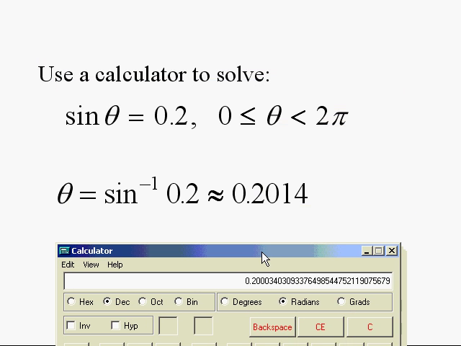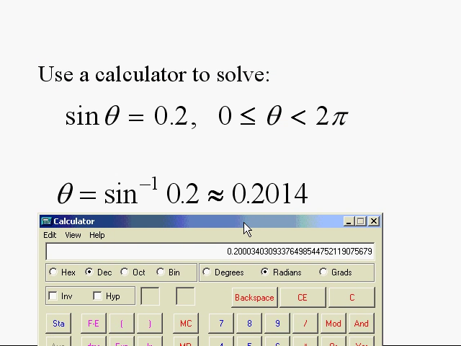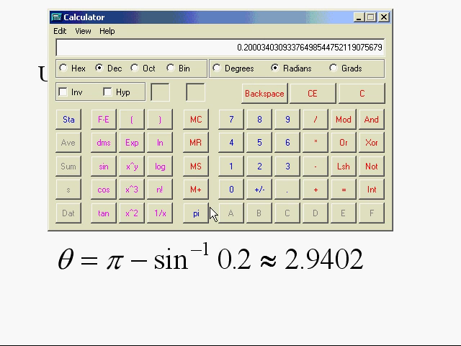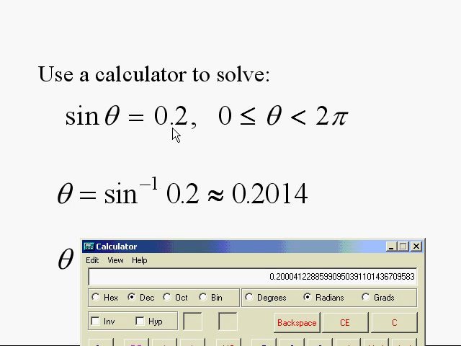The other value that we said would work was 0.2014, so if we plug in 0.2014 and see what the sine of that is, again 0.2 and then some mess down here that is the round off part. In either case, we've got an angle whose sine is 0.2. We've got an angle that satisfies that equation, and we've solved the trig equation that way.